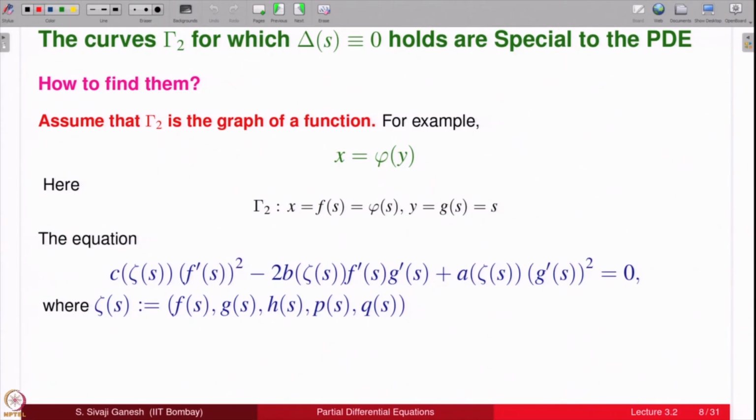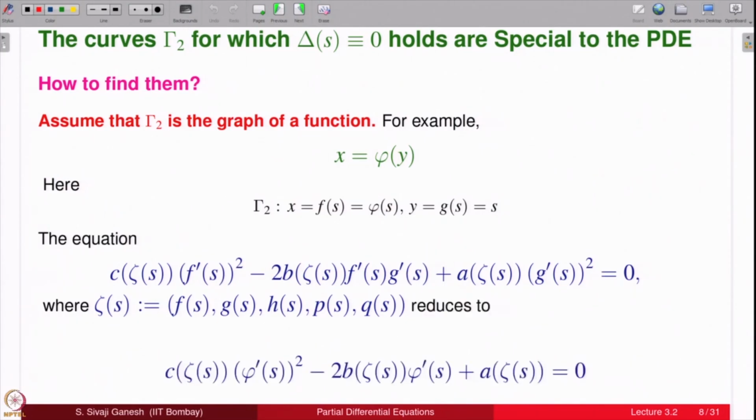Now, what will happen to this equation? We need to substitute what is h(s), p(s) and q(s). h(s) is still general; p(s) and q(s) are to be determined from h(s) and chi(s). So, these are still unknown, but what is known is f'. f'^2 is phi'^2, g' is 1. So, this equation becomes this equation.